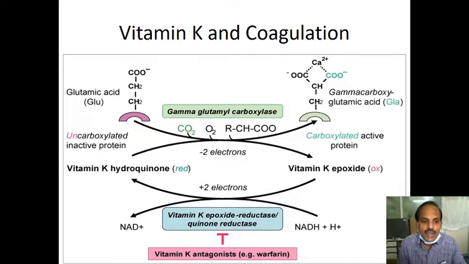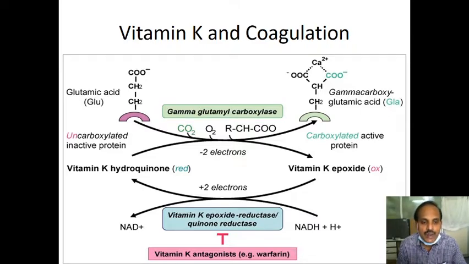Vitamin K actually plays an important role, as you see here, in gamma carboxylation of glutamic acid residues. Factors 2, 7, 9, and 10, related to clotting, are synthesized in the liver. When they are synthesized in the liver, they are in the form of zymogens, an inactive form, but they later get converted into active form.